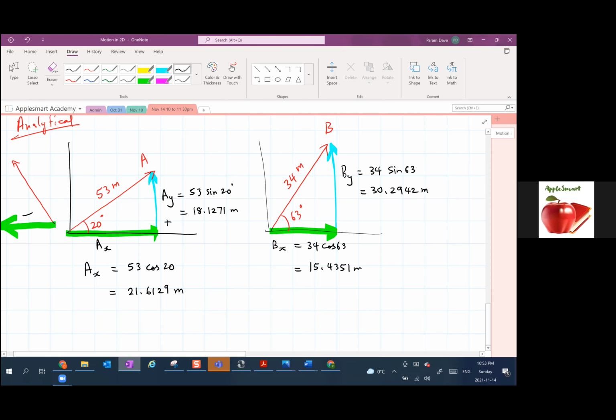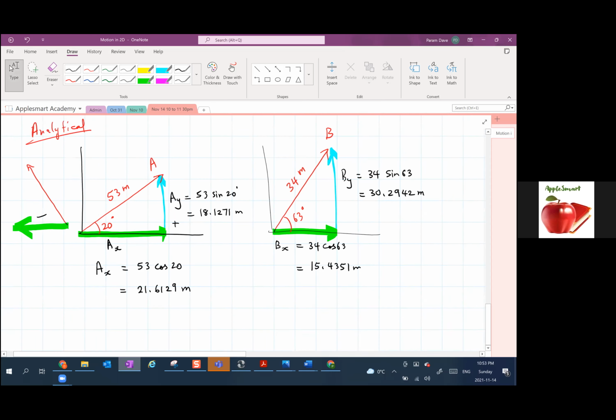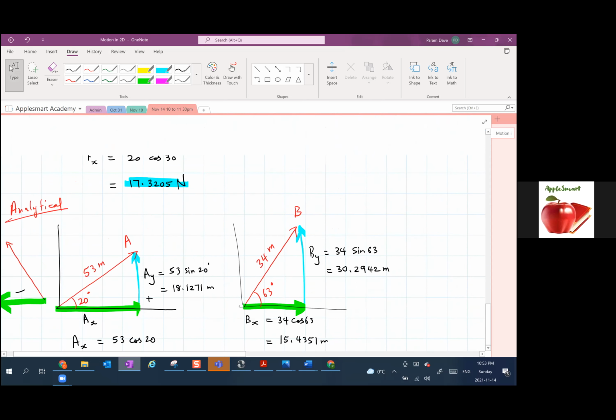All right, okay, so what this means now really is that you found out the total motion along X and the total motion along Y. And so if I were to combine these two, this is what it's going to look like. It's going to be my X, Y, and then my vector A in that direction, and then my mini X and Y over here, and I have my vector B in that direction.